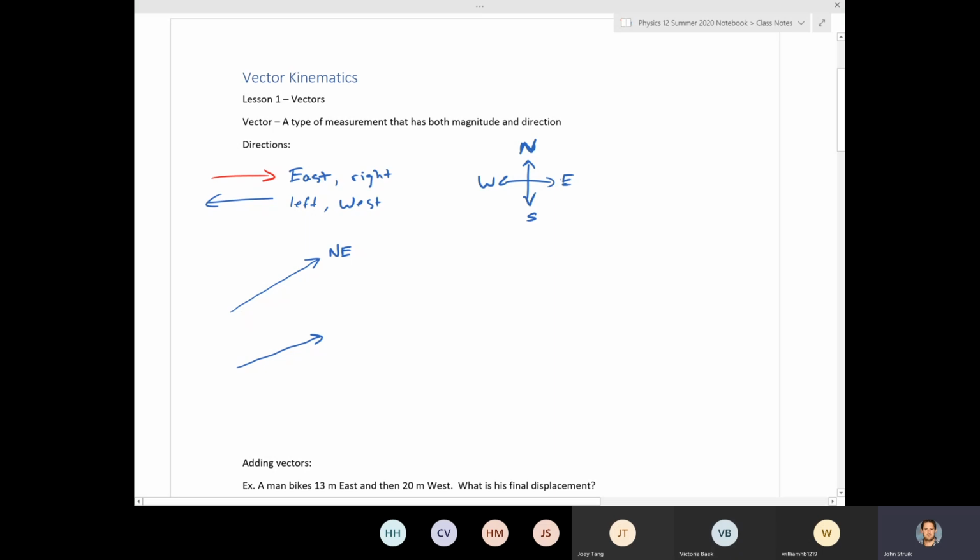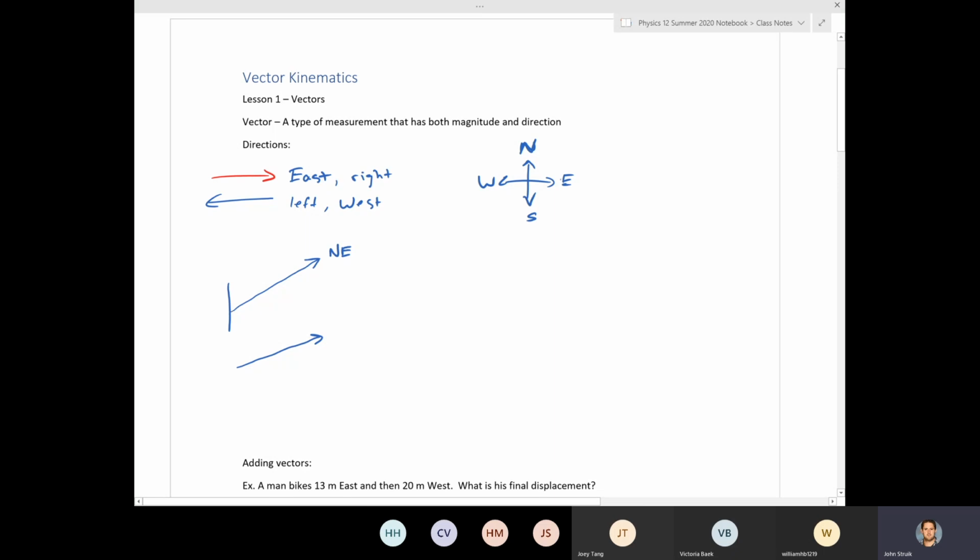Some people will say, well, that's northeast or some combination of them. Well, when we have vectors going in 2 directions, like north and east, then we need to figure out a way to indicate which way it's going.